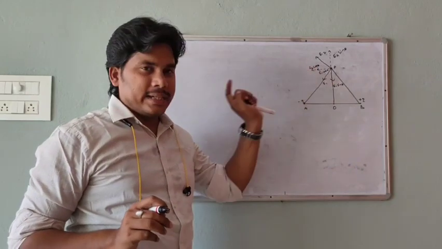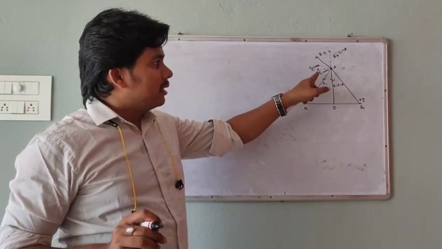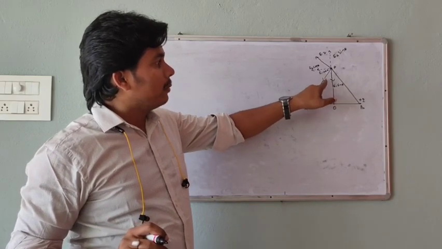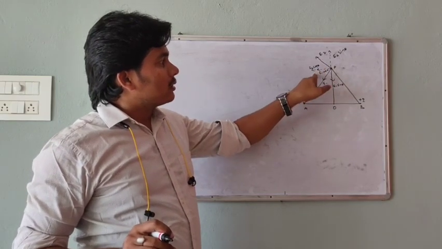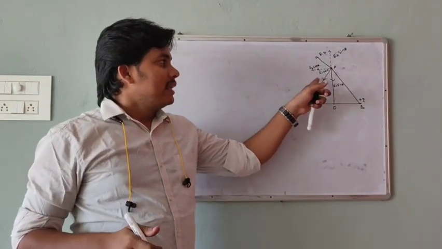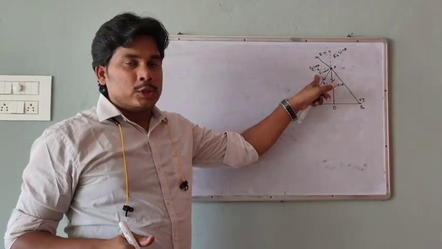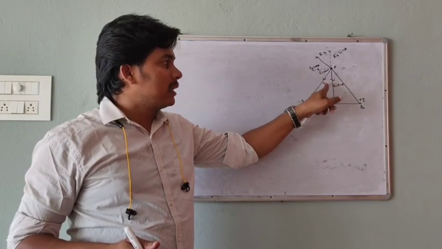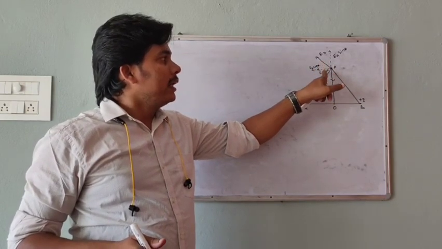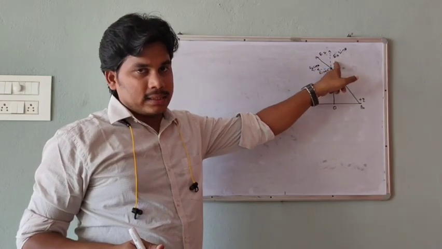E1 is resolved into E1 cos theta and E1 sin theta, and E2 becomes E2 cos theta and E2 sin theta.